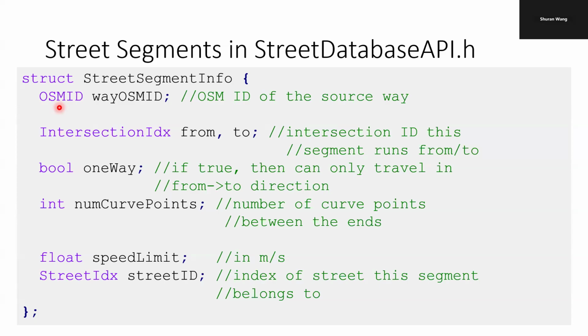So it's a huge number. It also stores the intersection IDs from and to, because one street segment connects two intersections together, whether it's one way, the number of curve points in the street segment, the speed limit, and the street ID that the street segment belongs to. And there are a lot of structs like this for each of the entities.